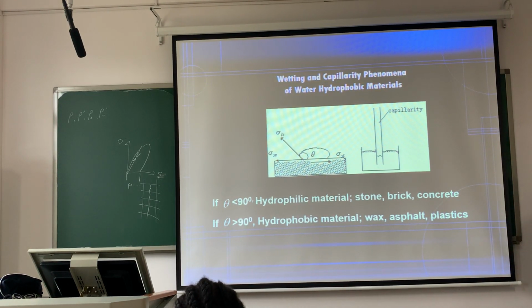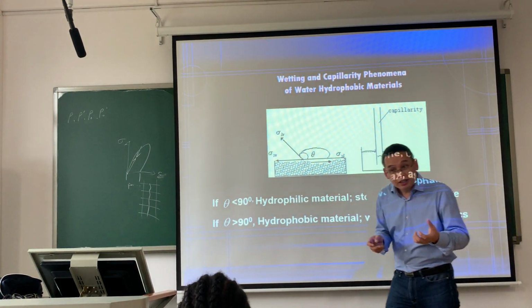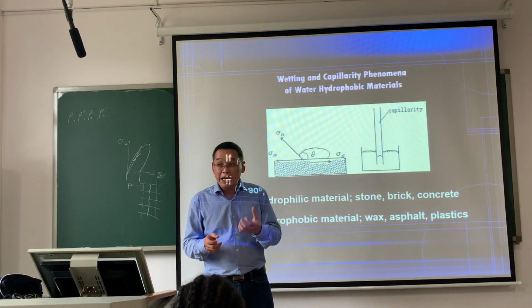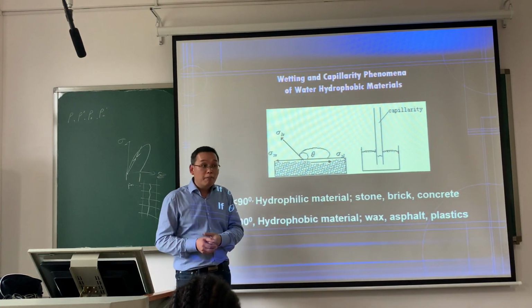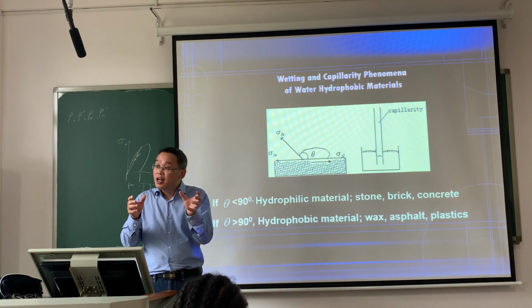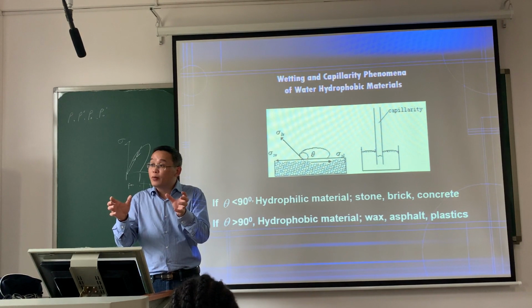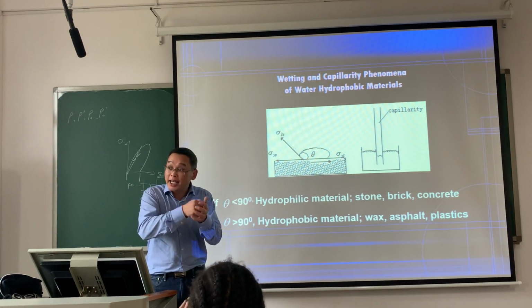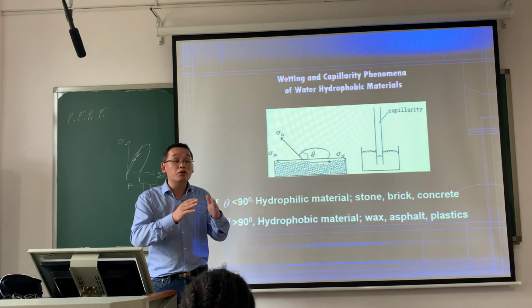Most of the stones belong to hydrophilic. For the cement, it belongs to hydrophilic. Why? Because of the reaction between the cement and the water. If the cement were hydrophobic, the water could not contact with it, and the reaction would not occur.